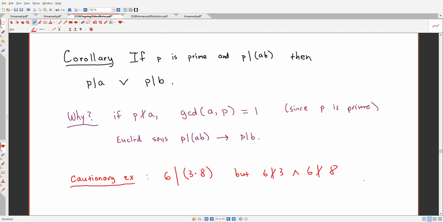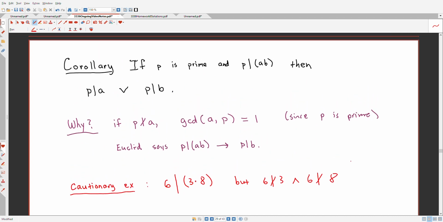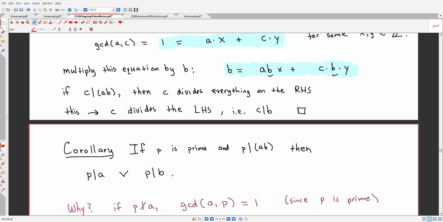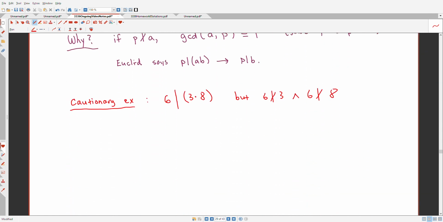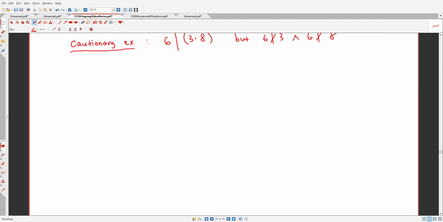Okay. So Euclid's lemma and this corollary about prime numbers are good things to see and know. I'll just point out that the proof for this went like this sort of chain of proofs we've been discussing. We actually started off with the division algorithm, and we didn't prove this.